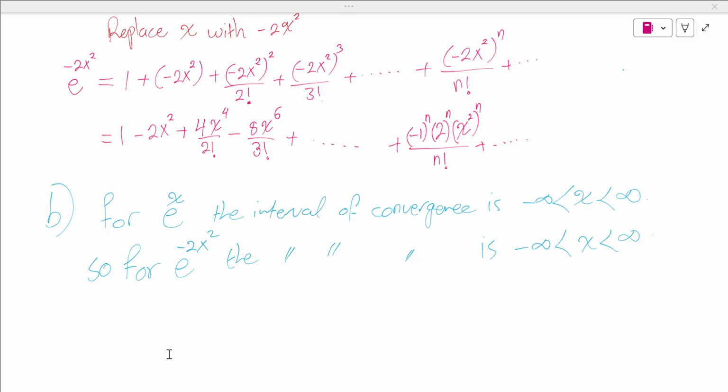So this is one method. Or you can apply the ratio test. You will get what? 0, which is always less than 1. That means it converges absolutely from negative infinity to infinity.